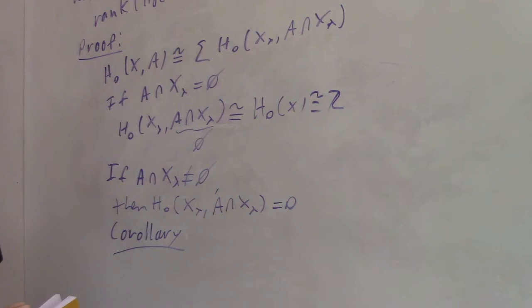Does that make sense? So if A is in a particular path component, then that one gets lost? Yeah.